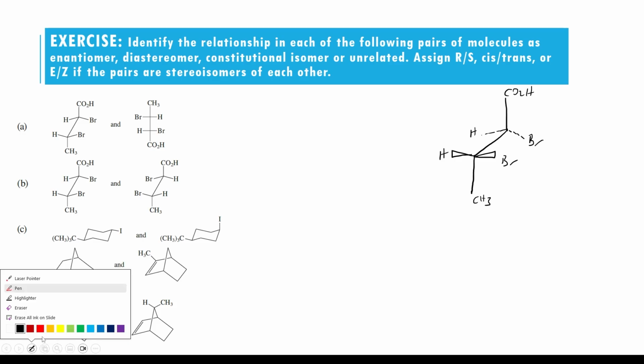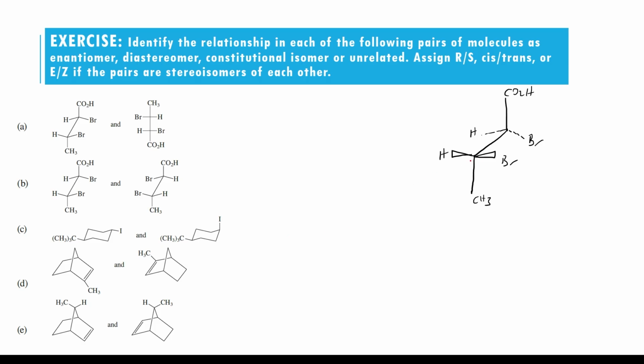I'm going to use a red color to indicate the front chiral carbon, and I'm going to assign priorities based on the Cahn-Ingold-Prelog sequence rule. And we know that hydrogen has the lowest atomic number connected to the chiral carbon, so it should be ranked number 4. Bromine has the highest atomic number. Then this carbon should be ranked number 2, and the methyl carbon should be ranked number 3.